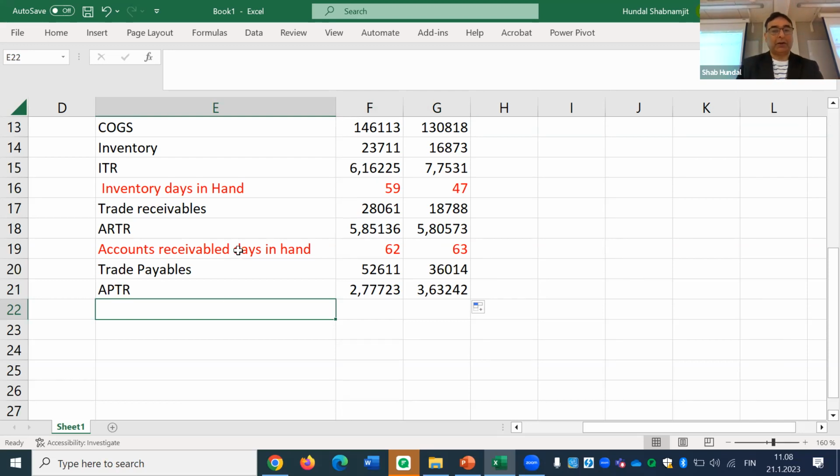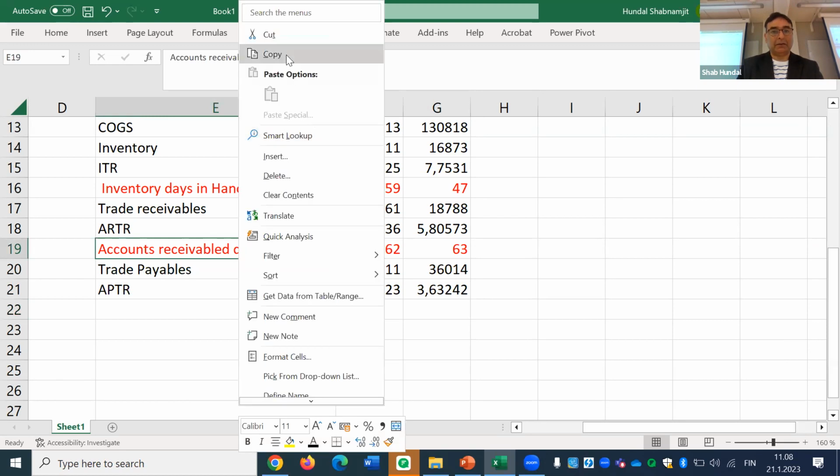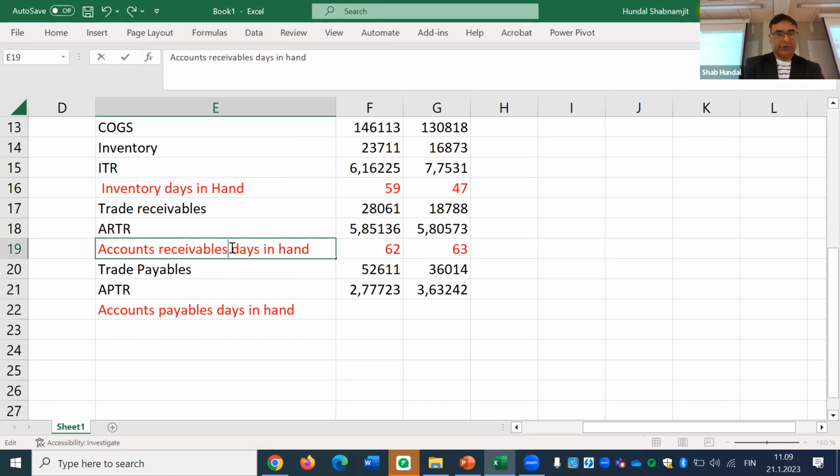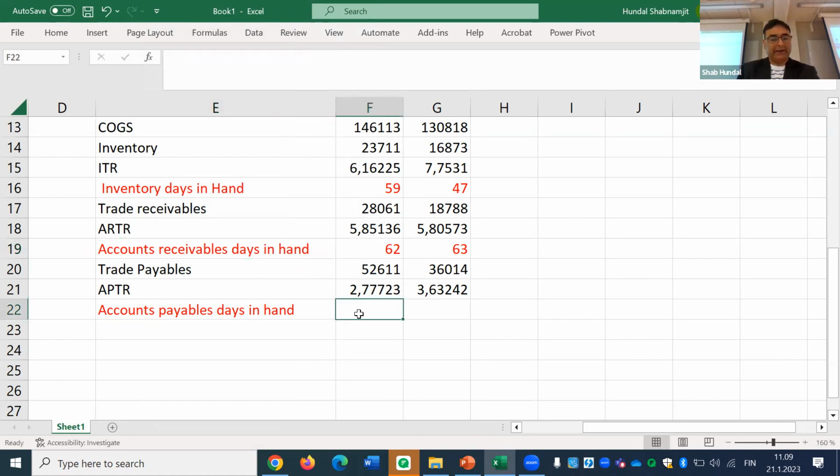That would be called accounts payable days in hand. How many days you make your supplier wait? And that is again simple. We divide 365 by the ratio, the accounts payable turnover ratio.